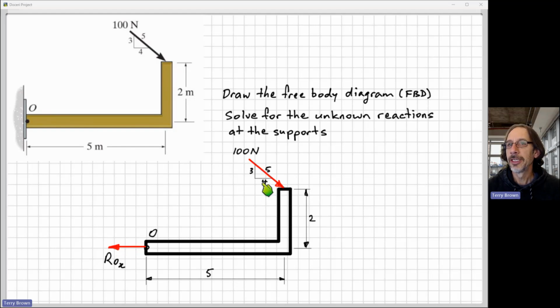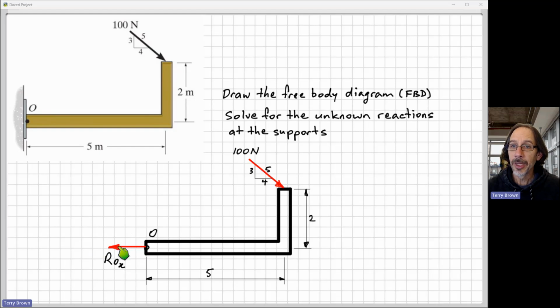In this problem, it's fairly easy. We've just got a horizontal component of this 100 newton force acting to the right. So this force here will be acting to the left. So this will come out as a positive answer if we get our algebra correct. The other thing we could have done is just put it acting to the right if we didn't know, and then when we do our equations of equilibrium and our algebra, it'll come out as a negative number.